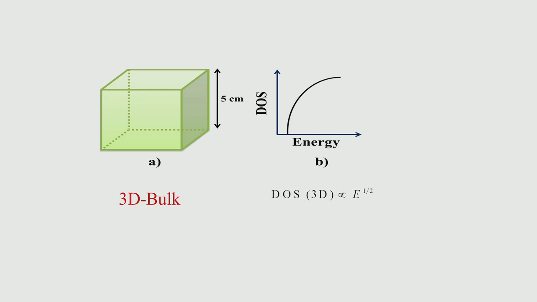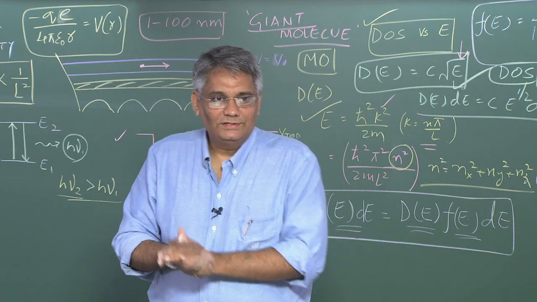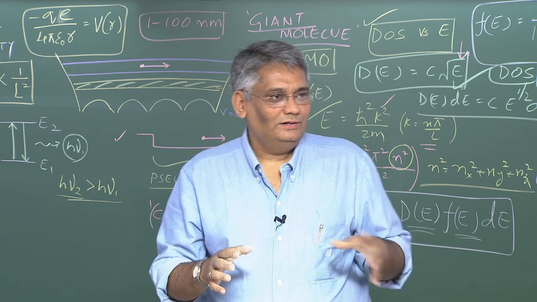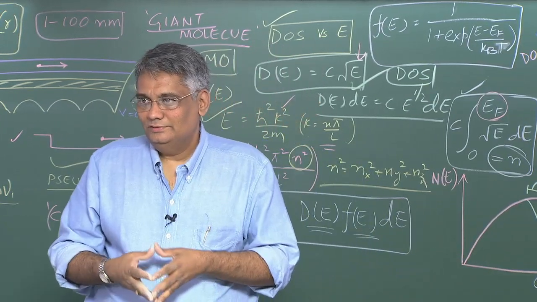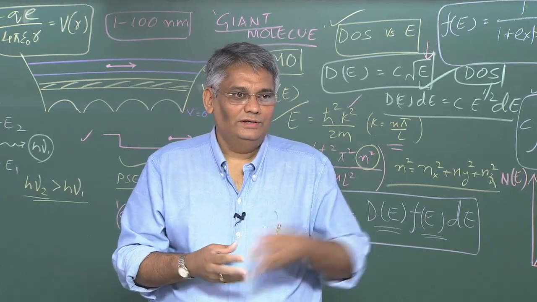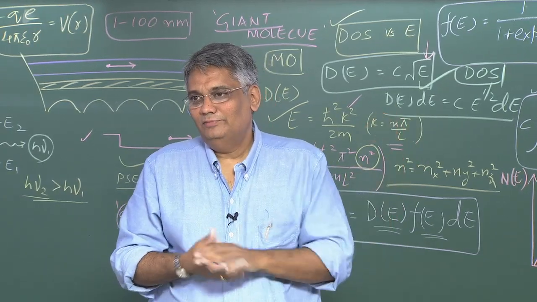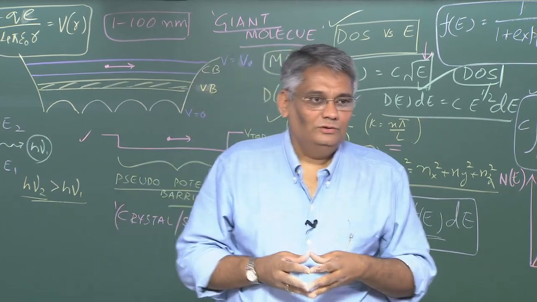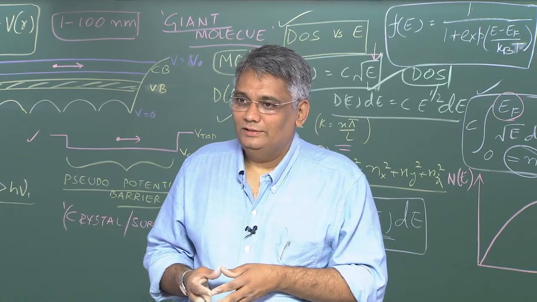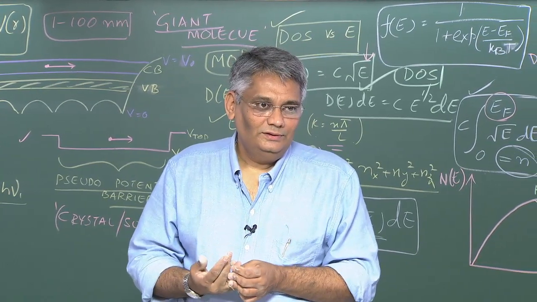Now this is interesting. For any bulk solid, the density of states variation is root of E. And if you have done any course before on the physics of low dimensional materials, you will realize that if this macroscopic system is brought down in size, the density of states will be affected. You will not see the same behavior for the submicron or nanoscopic scale systems, which are the nanosystems.